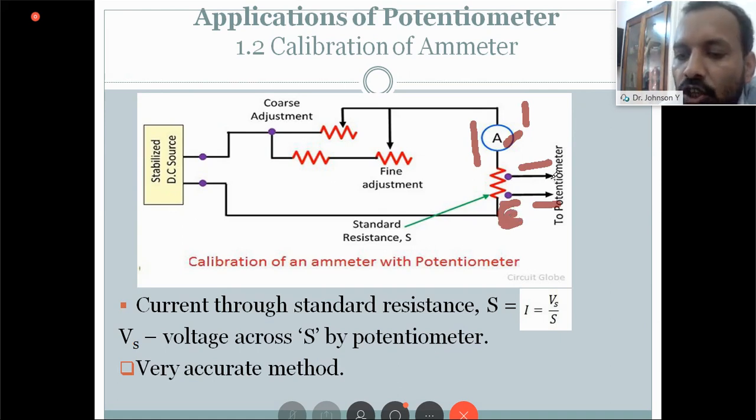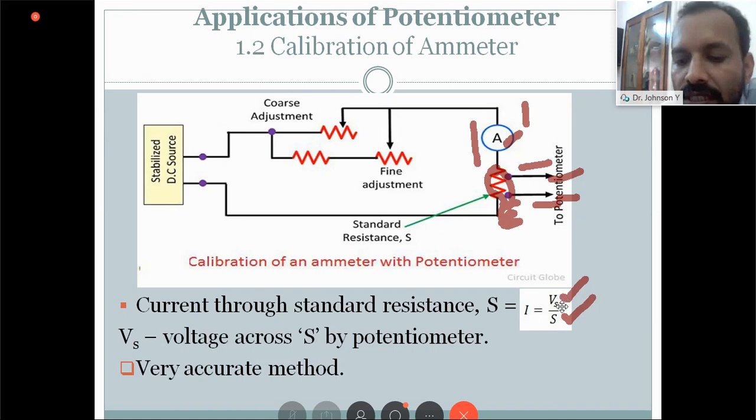The potentiometer is connected in such a way that the voltage developed across the resistance is made equal to the potentiometer voltage, so that we know the voltage drop in this resistance. Vs is the voltage drop and S is the standard resistance value. Both are known to us.